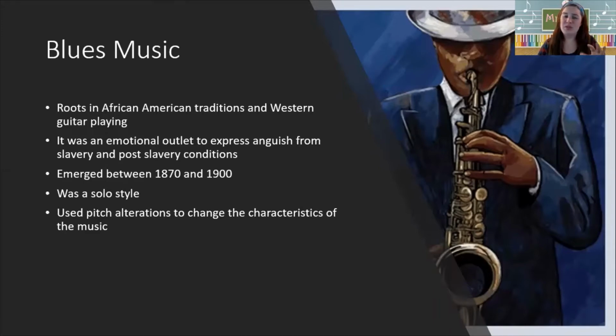It emerged between about 1870 and 1900. It's a little fuzzy in that area because we didn't have very many recordings. In the beginning, it was very much a solo style, a single individual playing their instrument and or singing was how blues got started.